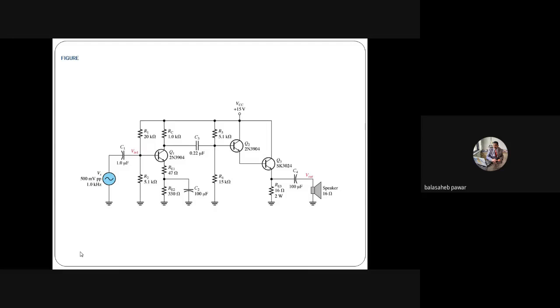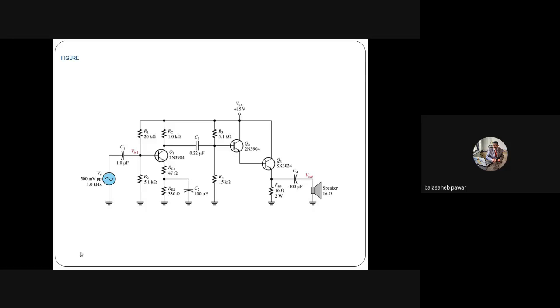Now remember, whenever the transistor is operating below the x-axis, we call it a class C, but over here we can't identify it. If we get VCE as 15, then there will be two options. Either that transistor is working as a class B power amplifier or it is working as a class C amplifier.